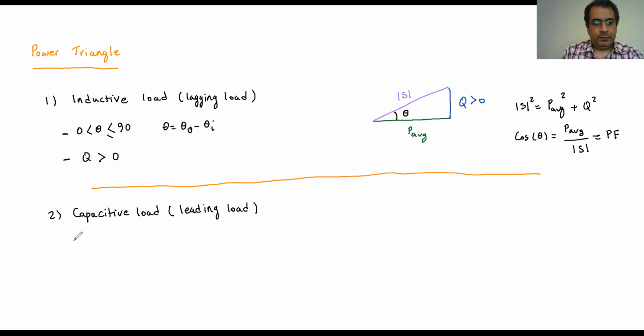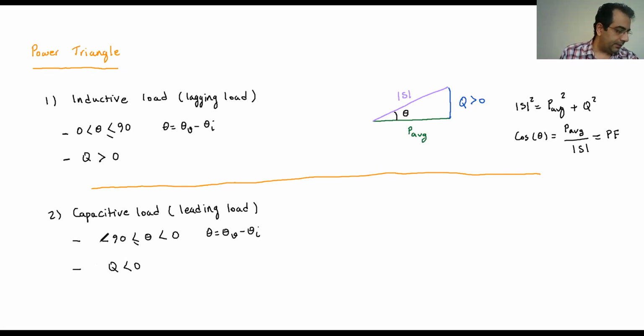Again, we know that when we have the capacitive load, theta is going to be between negative 90 and 0. Theta is theta V minus theta I. And we know that in this case, the Q is going to be negative if we have capacitance in the system. So now if I draw that triangle again, the P average is still going to stay the same.